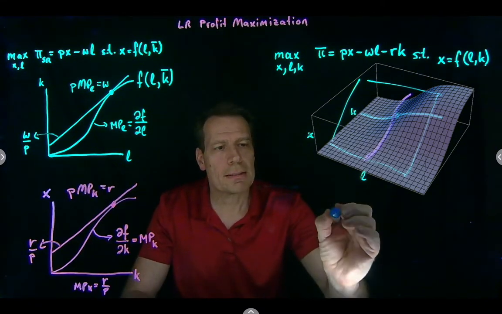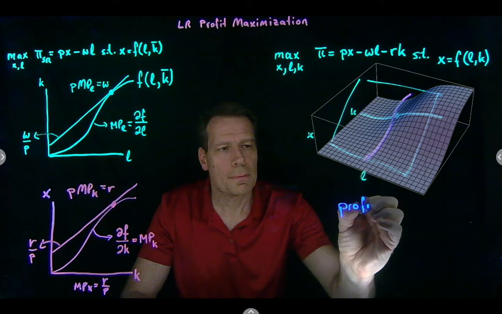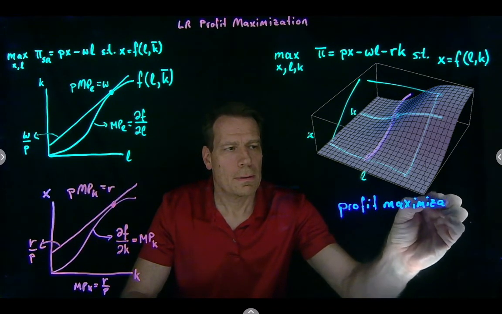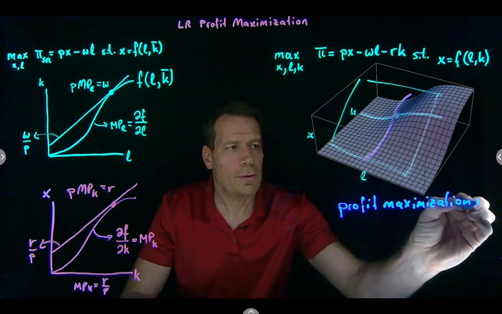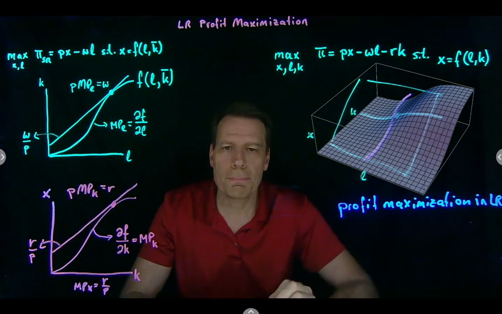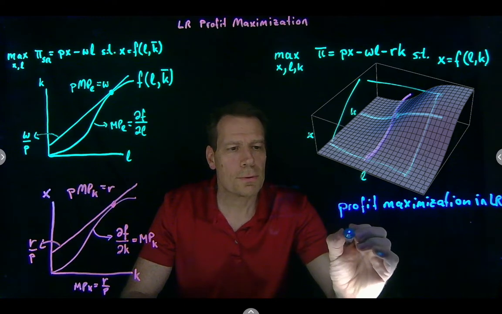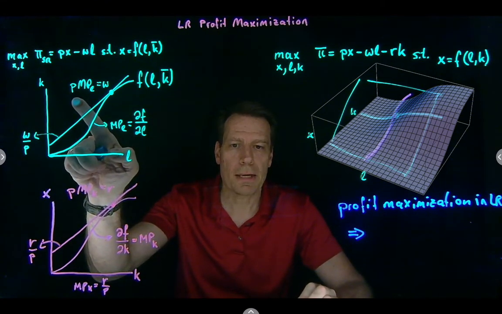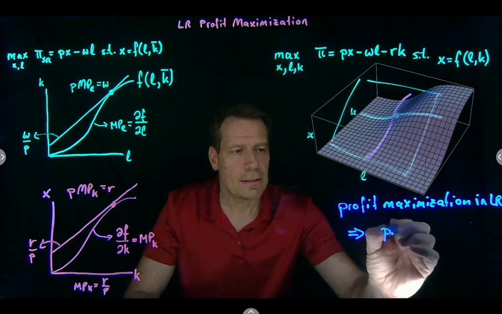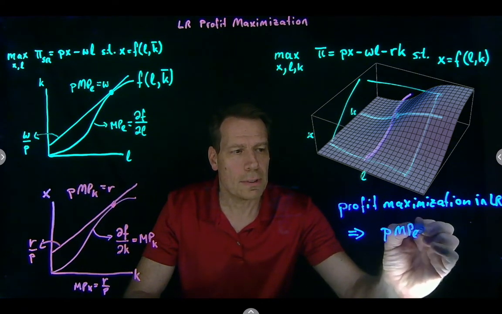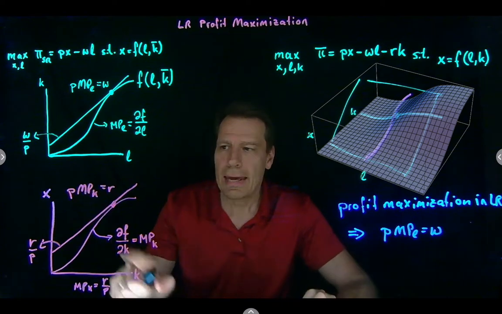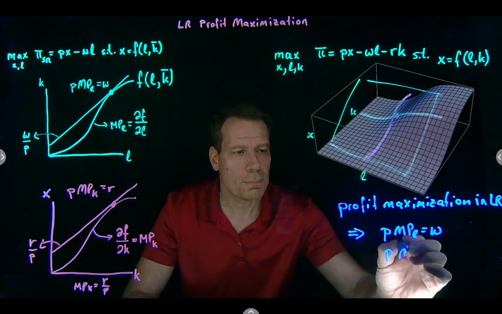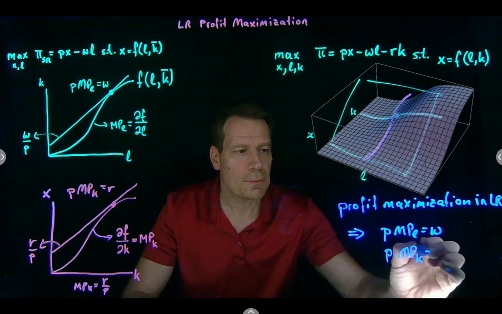So profit maximization in the long run, when you can vary both capital and labor, is going to imply that the short run condition for profit maximizing holds, price times marginal product of labor is equal to the wage, and this new condition holds, price times marginal product of capital is equal to the rental rate.